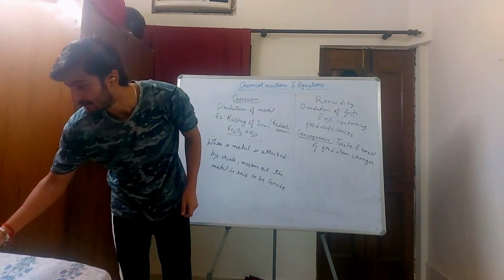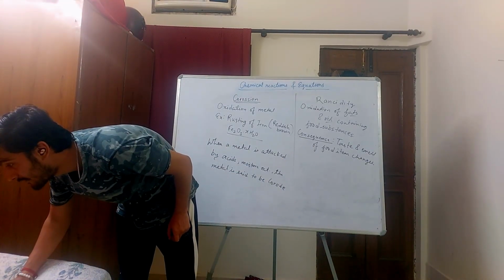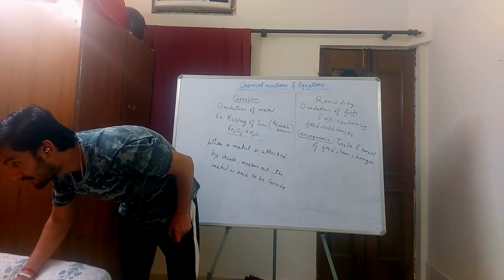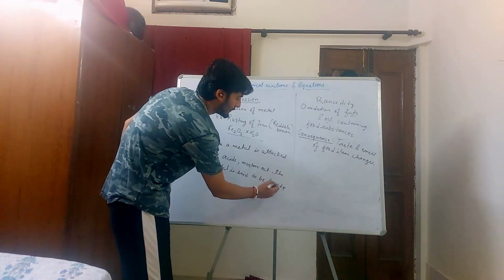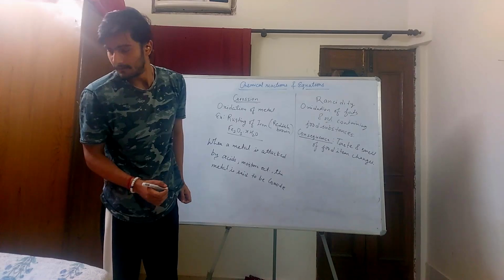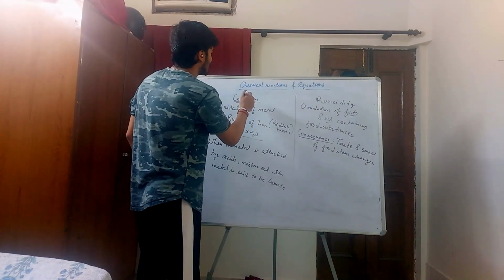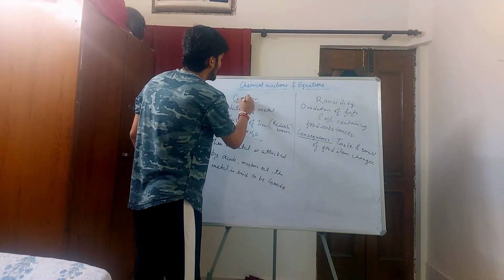Sorry about my spelling. What is the spelling of corrode? Yeah, double R. It is double R here. And double R over here also. Sorry, my bad. Sorry for my spellings.